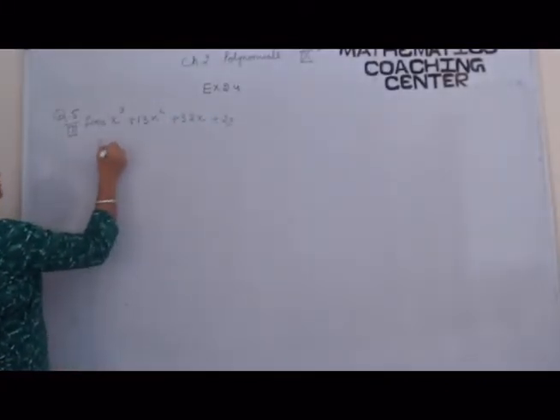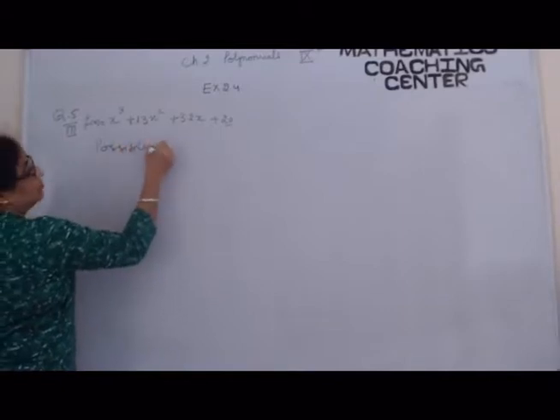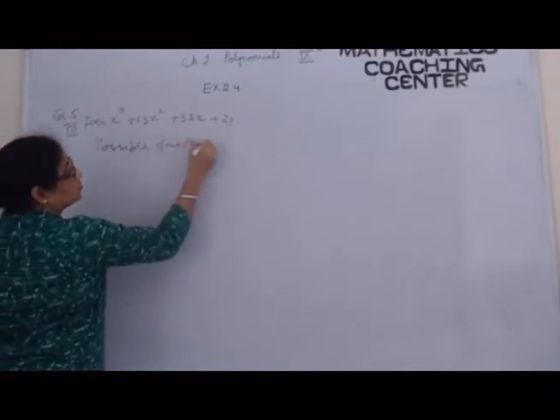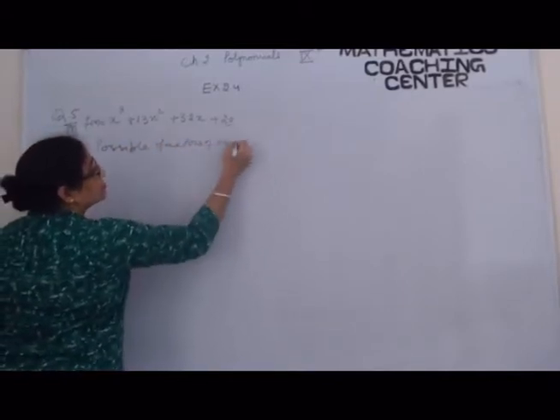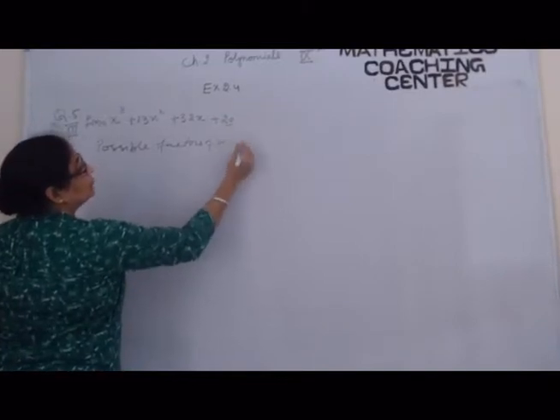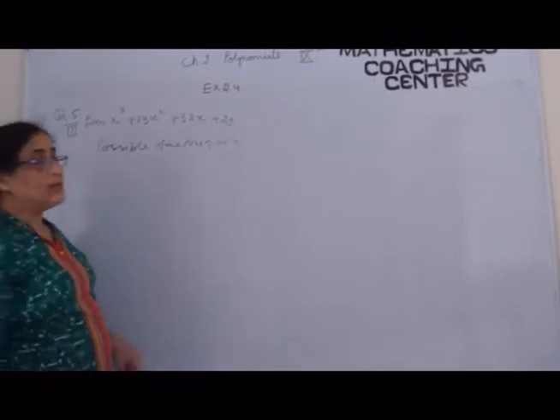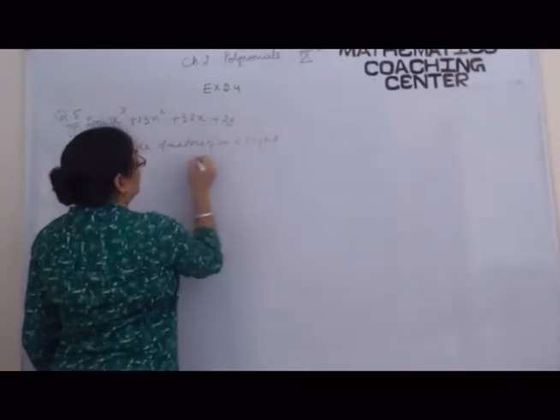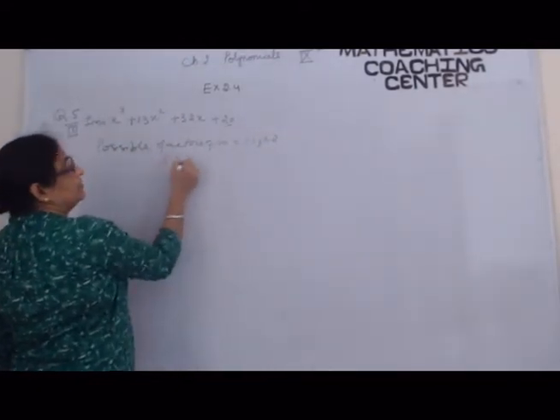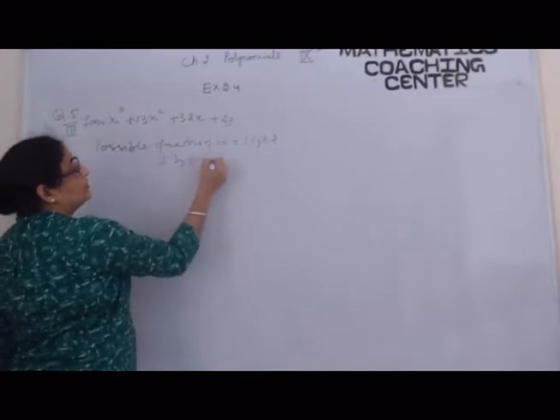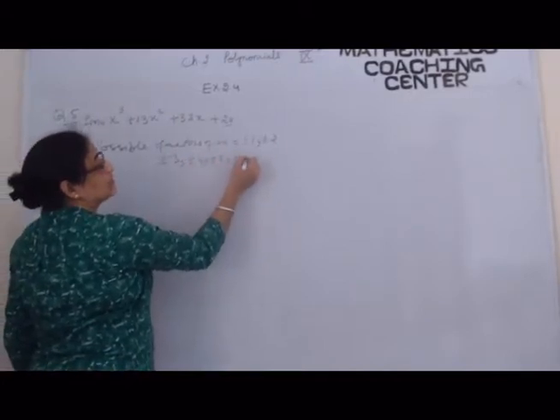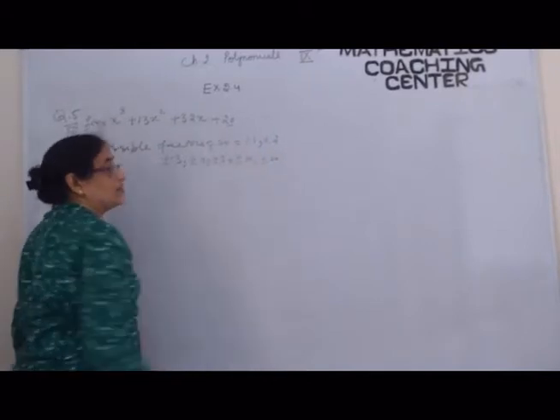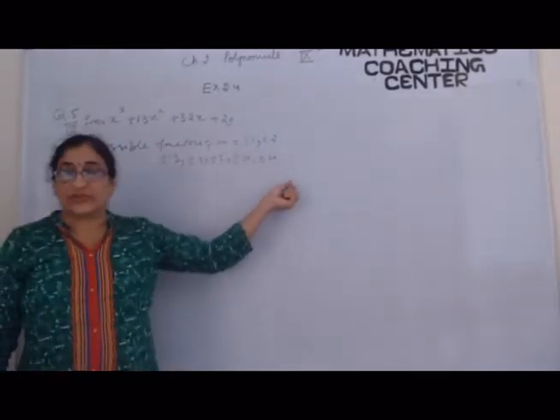The possible factors of 20 are plus minus 1, plus minus 2, plus minus 3, plus minus 4, plus minus 5, plus minus 10, and plus minus 20. So these are the possible factors of 20.